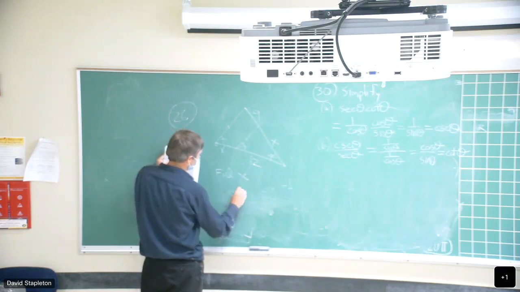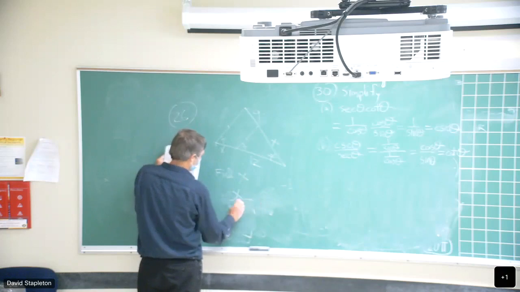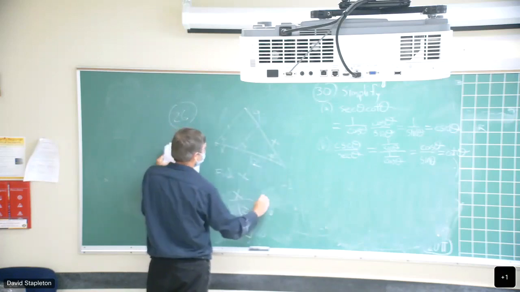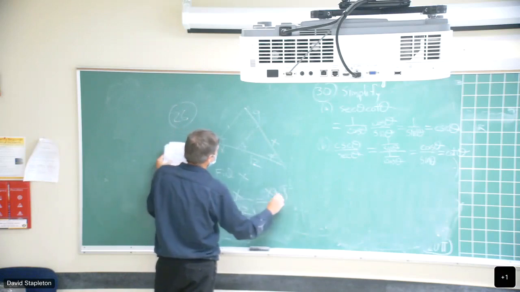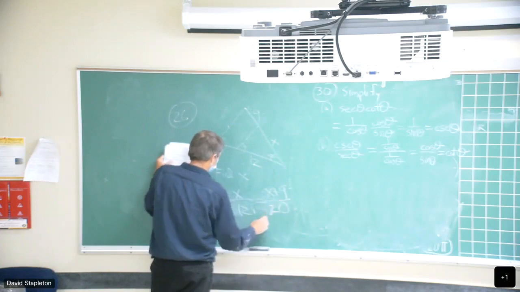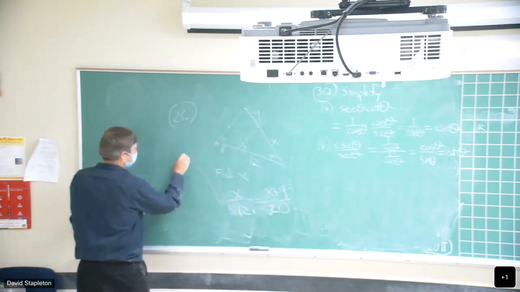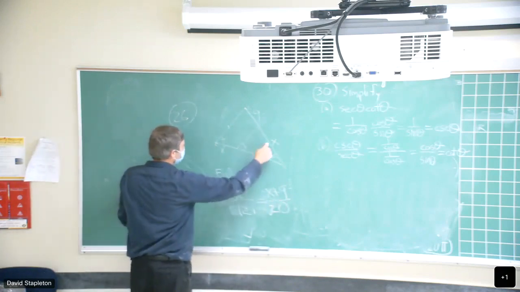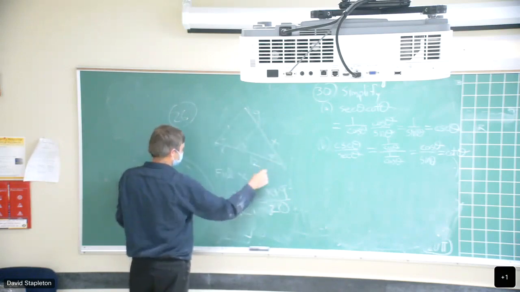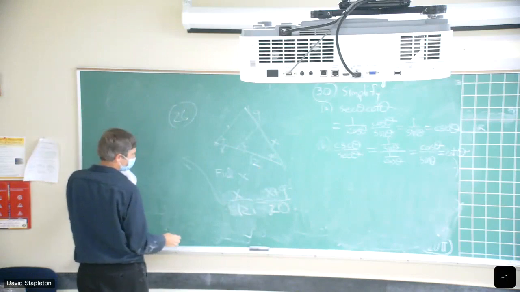Let me write it the way the theorems are in the book. X is to 12, this one to this one in the small triangle, as this one is to this one in the big triangle. X plus 9 is to 20, this one. So you can write it like that and then solve for x as an algebra problem. You take the ratio of two sides in the little triangle and the ratio of two sides in the big triangle, and you can solve that by cross multiplying.